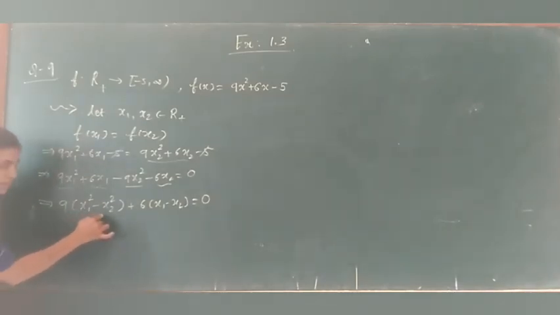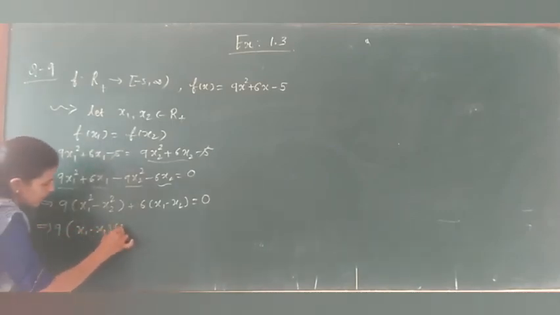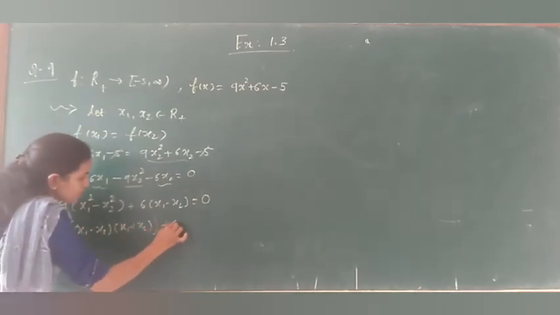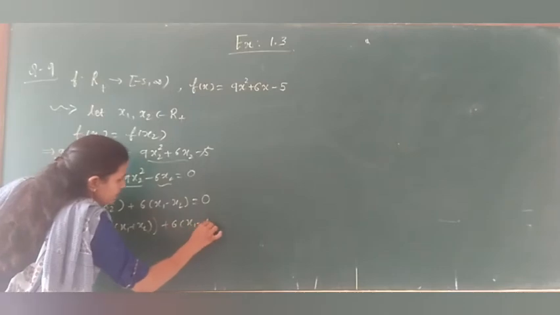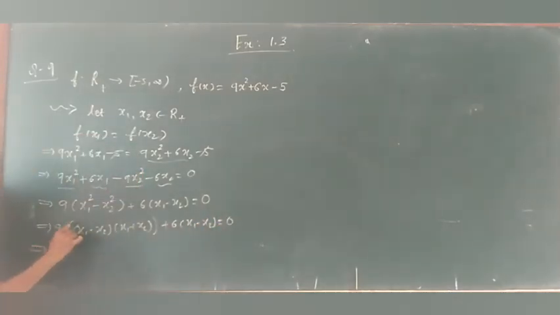Now x1 square minus x2 square, we take the factors: x1 minus x2 and x1 plus x2, plus 6 times x1 minus x2 is equal to 0. From this we can take x1 minus x2 common.